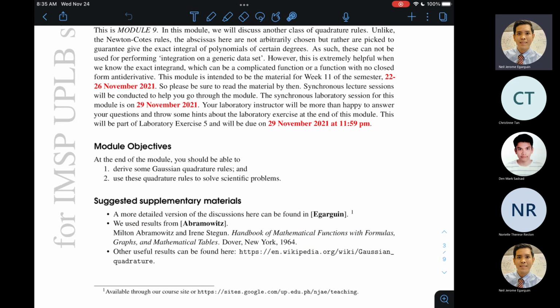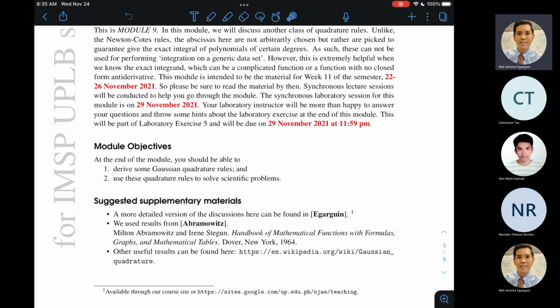And I actually came across the formulas for the weights and the abscissas for the Gaussian quadrature dito sa book na to. So before, when I was teaching 174, I didn't give the actual generic formula for the weights associated with Gaussian quadratures.